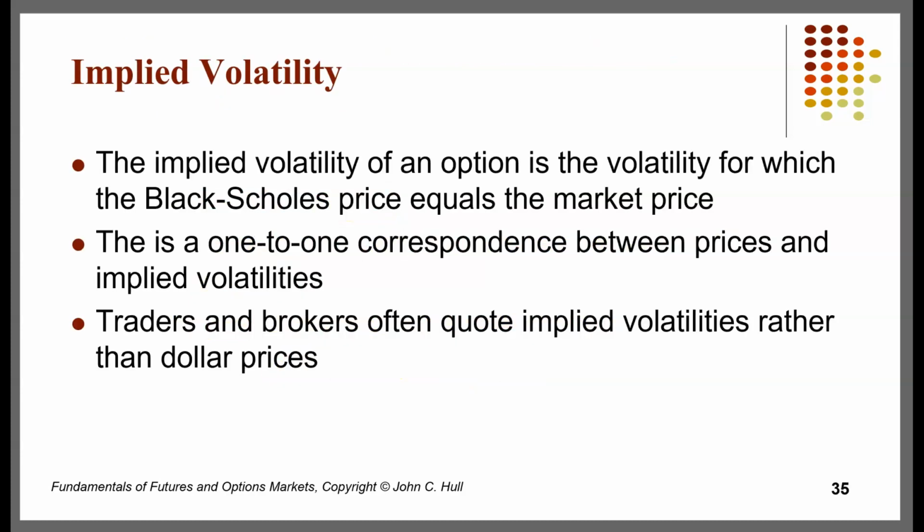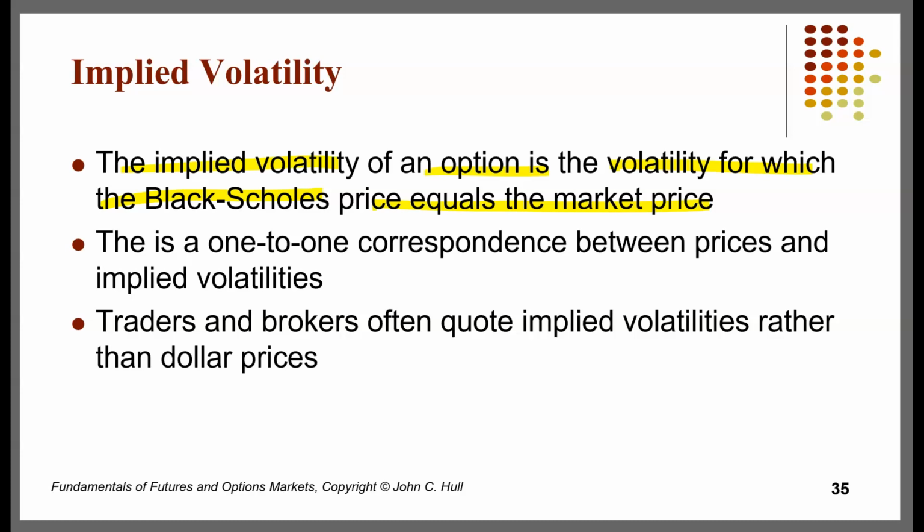All right, implied volatility. The implied volatility of an option is the volatility for which the Black-Scholes option price is equal to the market price. At this point, we're going to forget everything that we did with Black-Scholes. We're going to forget what we built, and how we built it. All we're going to remember is that the true price of anything is what people are willing to pay for it.